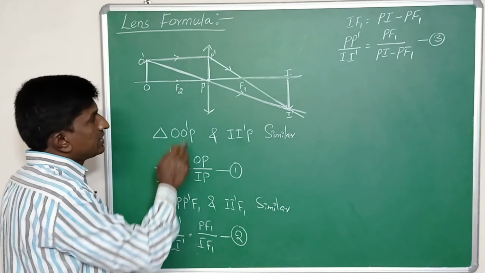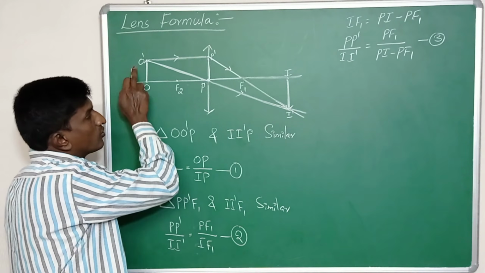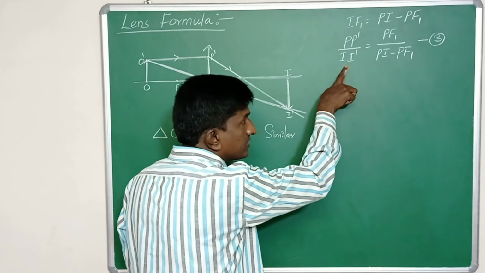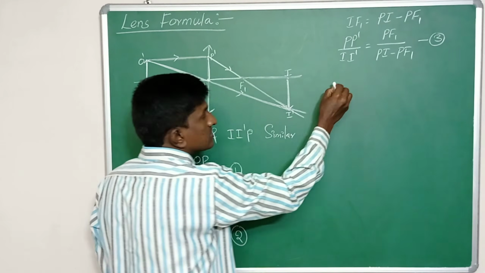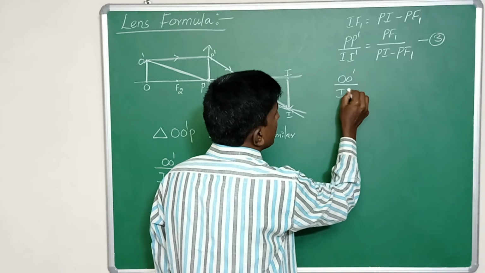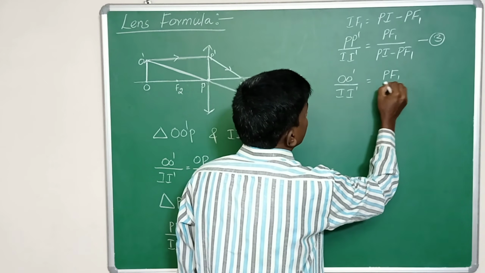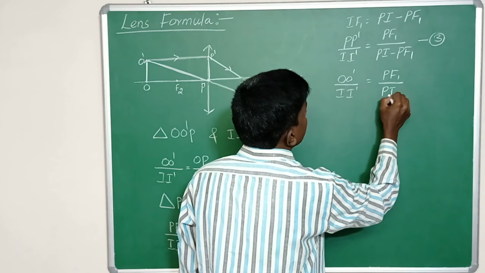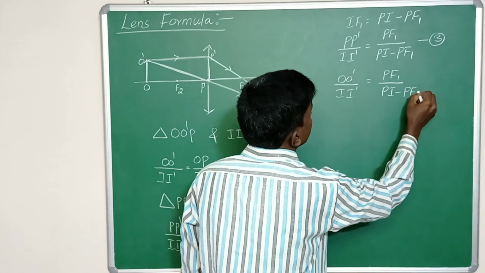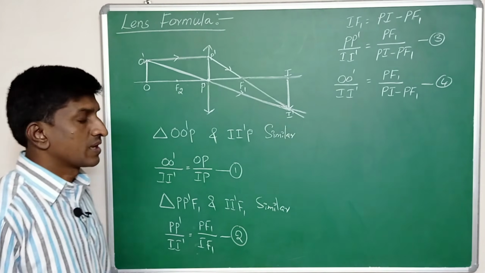So instead of writing PP dash, I am writing OO dash in equation 3: OO dash by I dash I equals PF1 by PI minus PF1. Let us say this is the fourth equation.